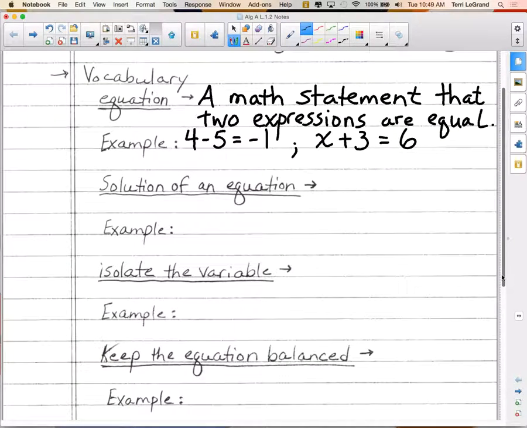Okay, what is a solution of an equation then? What are they looking for? They ask us to find the solution of an equation. Blake? The value of the variable that makes the equation true.